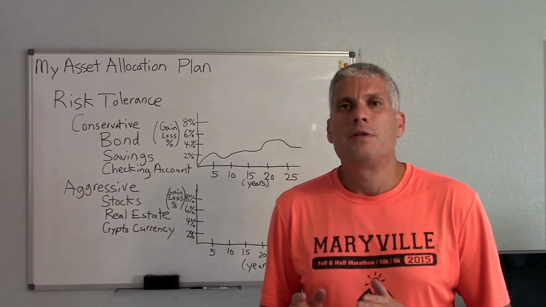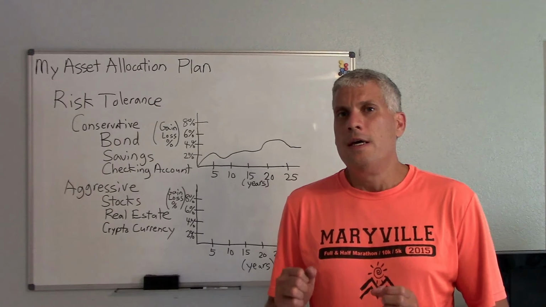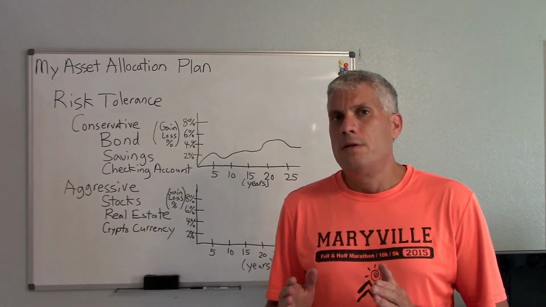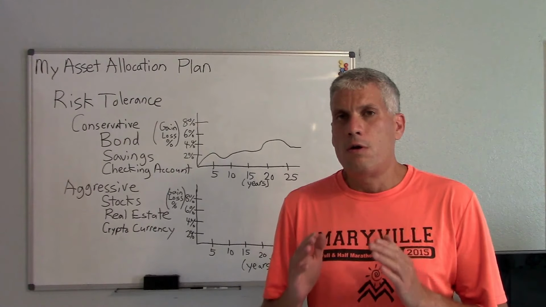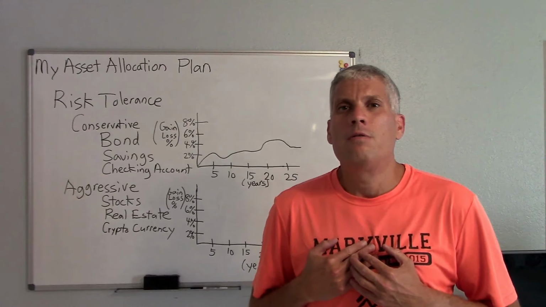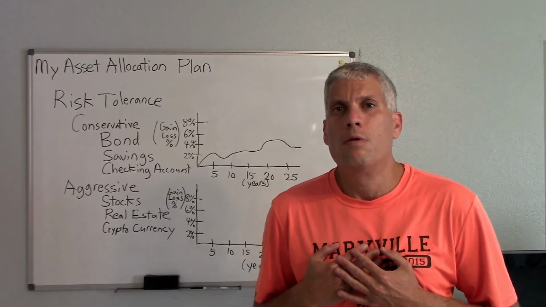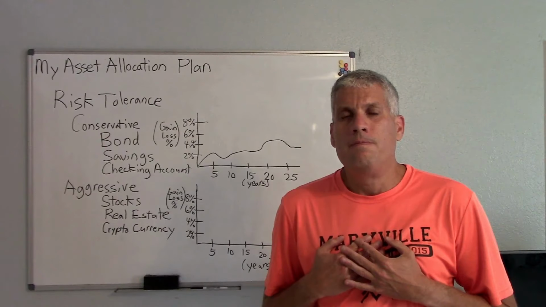You have time on your side for things to happen. The point of this whole video is to stick with your plan. Stick with whatever asset allocation you have and start learning more about yourself, as far as how much risk tolerance you can handle, because that's very important. Stick to your plan and don't change it midstream.